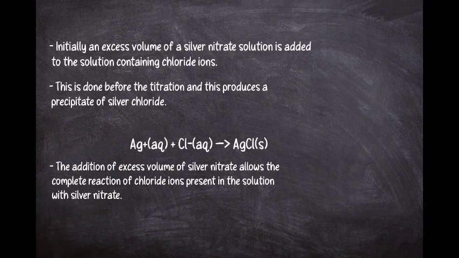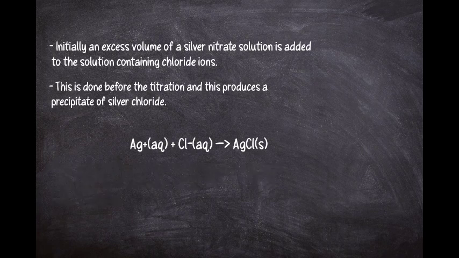The formation of silver chloride is crucial in this method, as it provides a solid indicator for the presence of chloride ions and allows us to move forward with the titration process. As we progress through the steps of Volhard's method, we'll delve deeper into the intricate details of the titration process and the calculations involved.